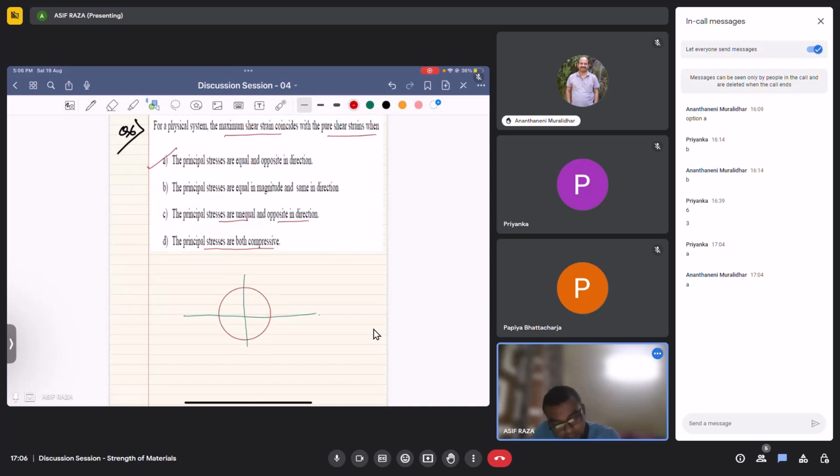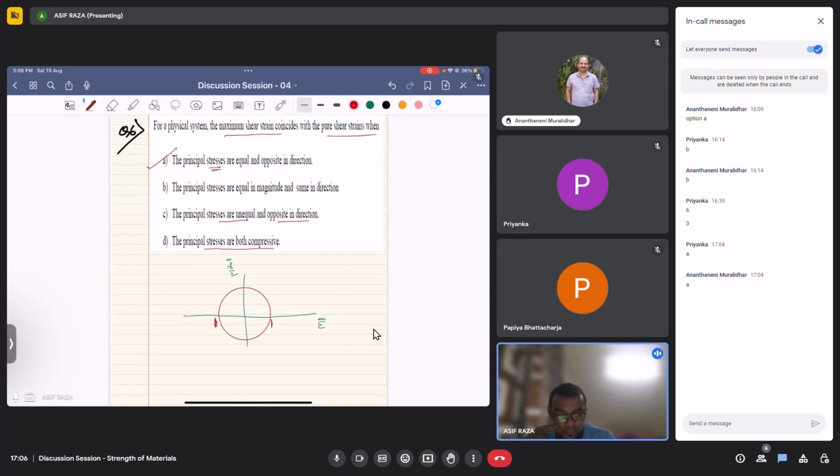this, where this would be epsilon, and this would be gamma by 2. So if you see, the principal stresses are equal and opposite in direction.